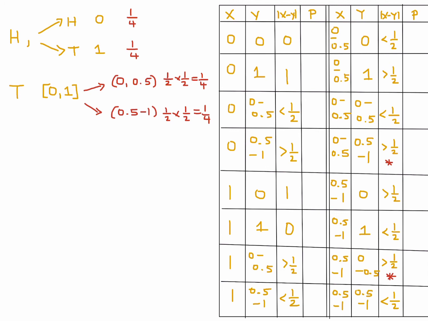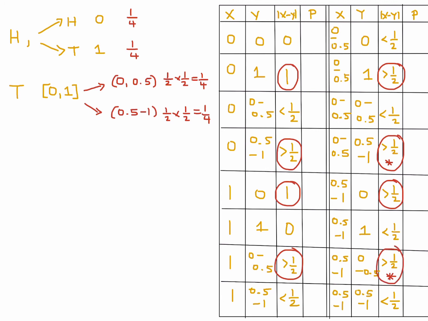Now let's figure out the probability, but the only ones we're really interested in are the ones that are greater than a half in this column. So let's just circle those. This one, greater than a half, remember. So this one, that, and then here, and here.